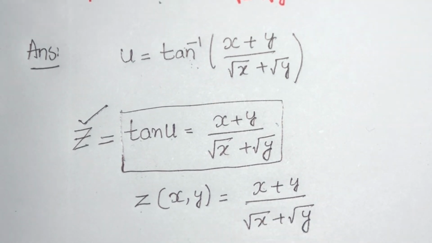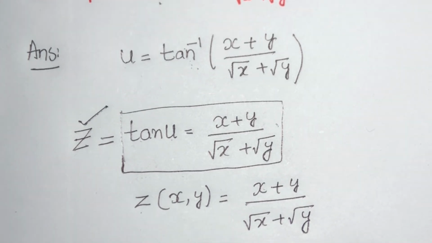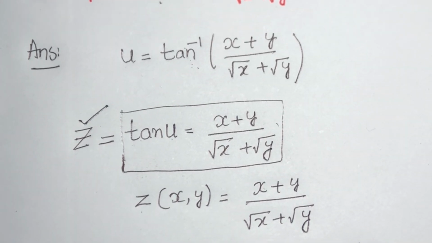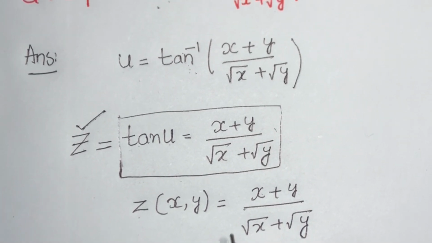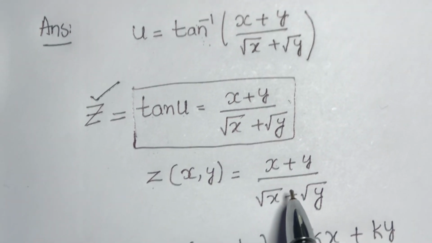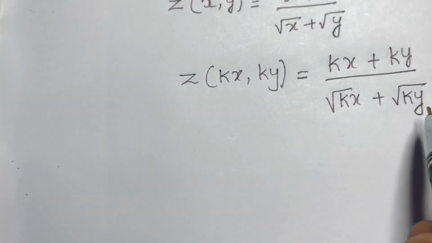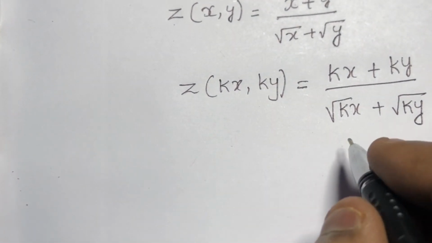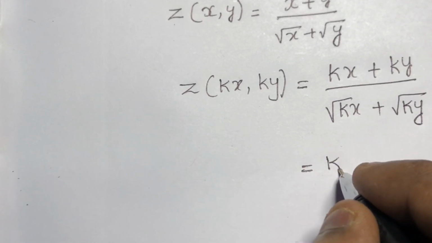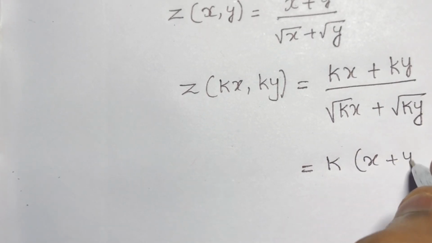Just multiply with k in terms of kx and ky, which gives (kx plus ky) by (under root kx plus under root ky). I simply multiplied every term with k. Now if I take k common from the numerator, I'll get k into (x plus y).